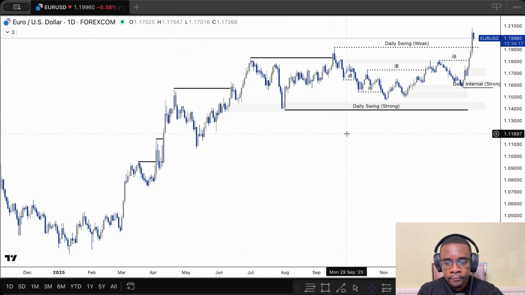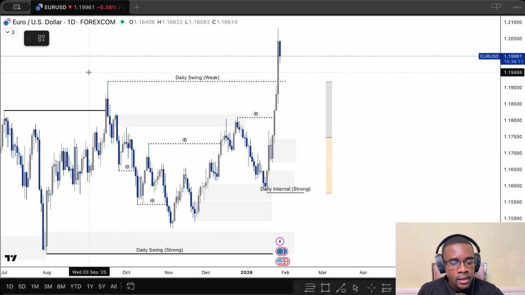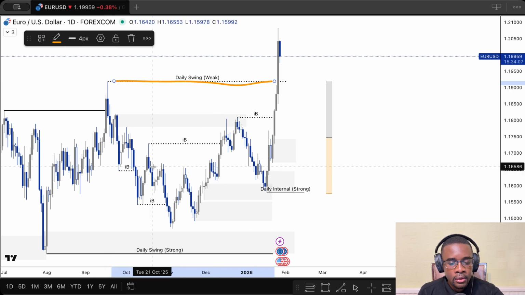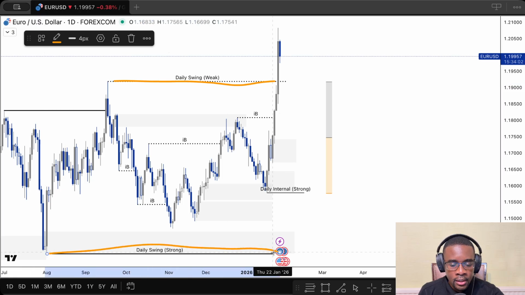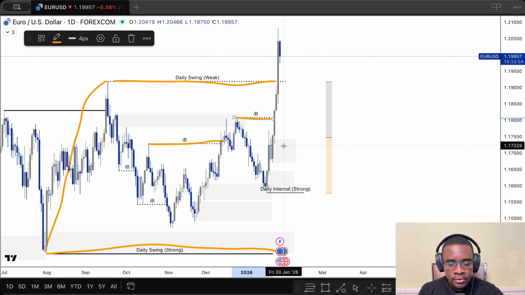Looking at the daily, this is what we were talking about for a while, where we're saying this is the daily swing high, which is weak, and this is the daily swing low, which is strong, and then we are in a bullish trend. We've had a break of structure to the upside and another break of structure to the upside, and I was saying that this was a weak daily swing high, which we're expecting to be eliminated.